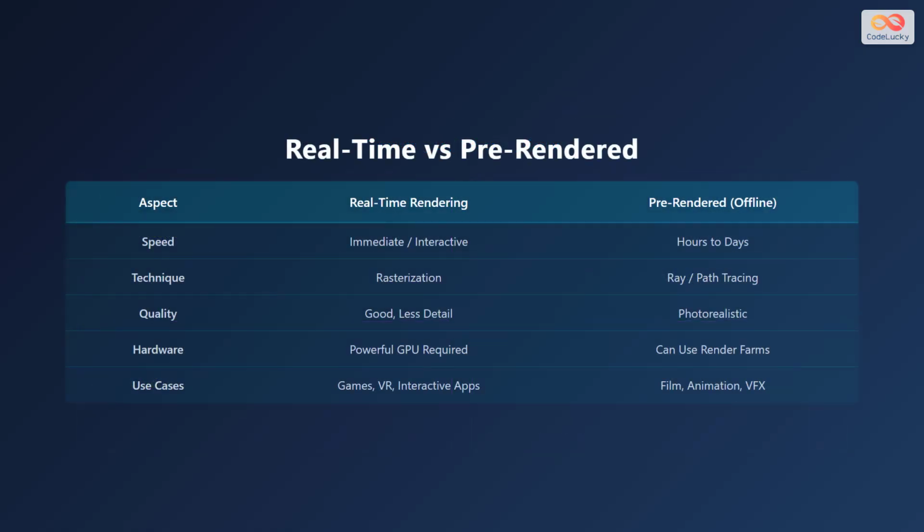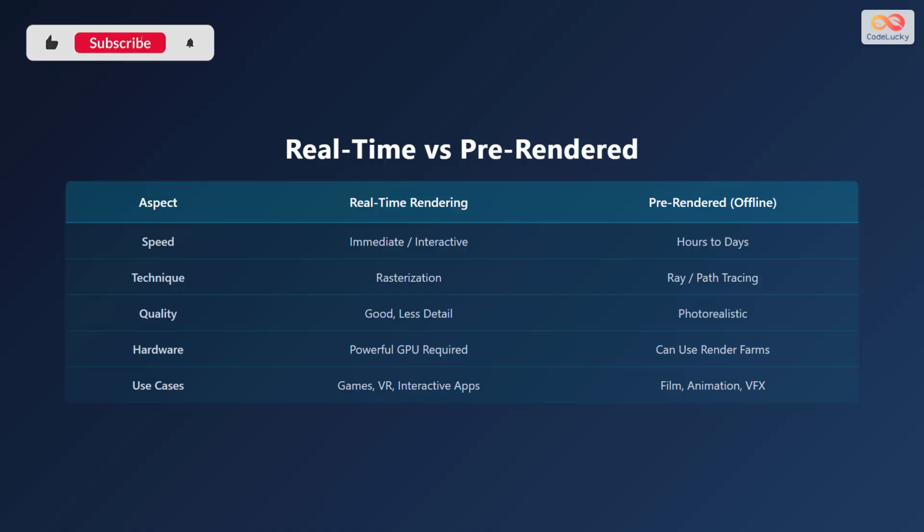There are two main approaches to rendering. Real-time rendering generates images immediately and interactively, typically at 30 to 60 frames per second, and uses rasterization as its primary technique. It is essential for games, virtual reality, and interactive applications where you need instant feedback. Pre-rendered or offline rendering takes hours to days per frame and uses ray tracing or path tracing techniques to achieve photorealistic quality.